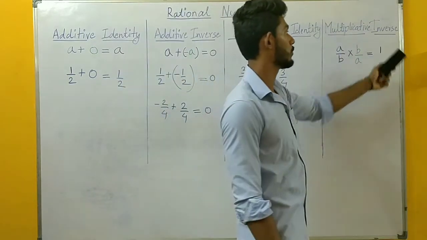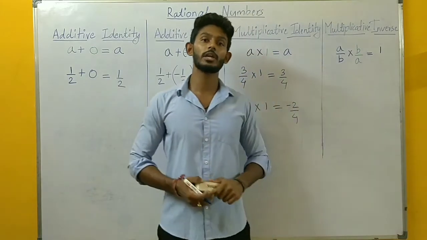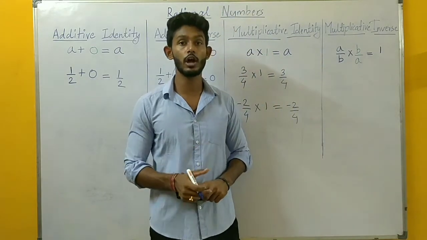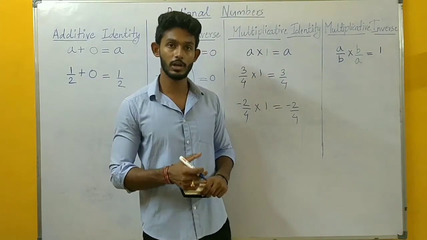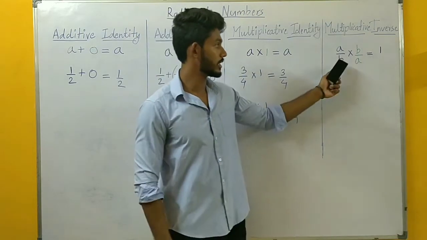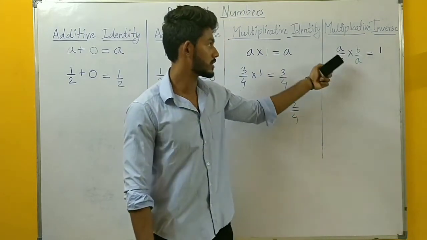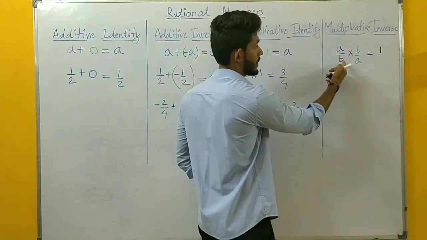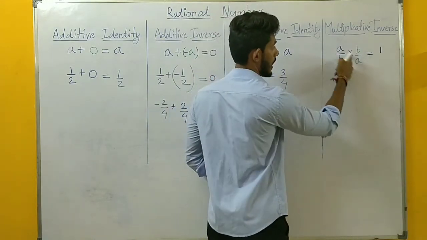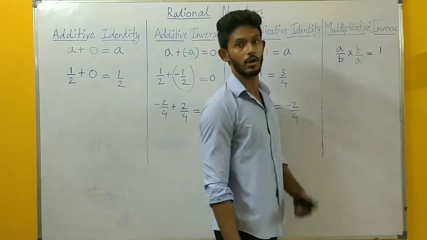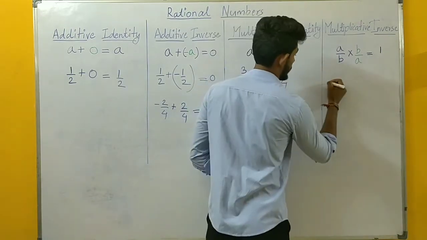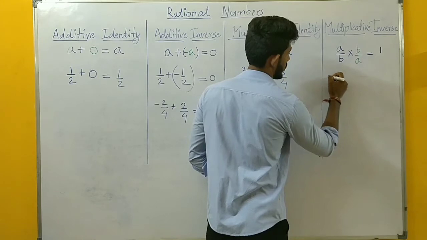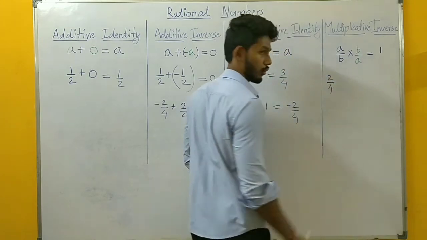Now multiplicative inverse. Multiplicative inverse is basically the reciprocal of a given number. Reciprocal means we are turning the number upside down. Suppose I have a rational number a upon b, and I multiply it with the reciprocal, that is b upon a, I get 1. Let's take one example: 2 upon 4.